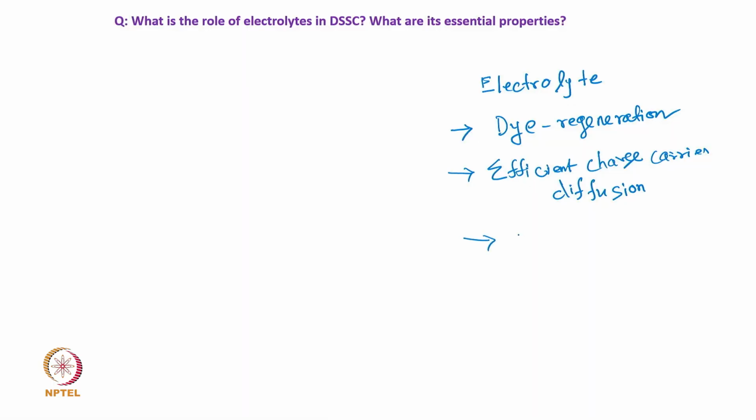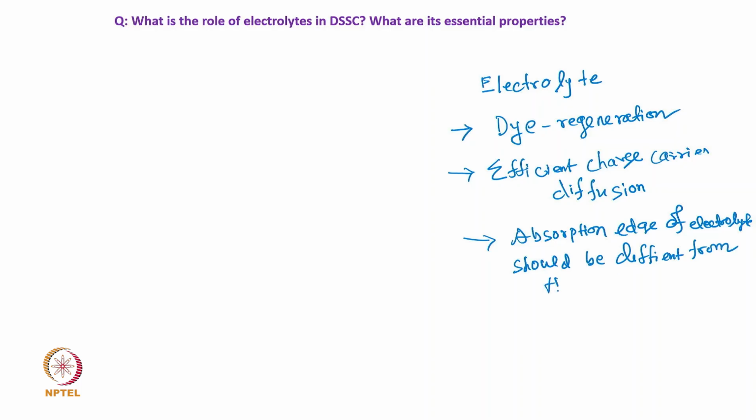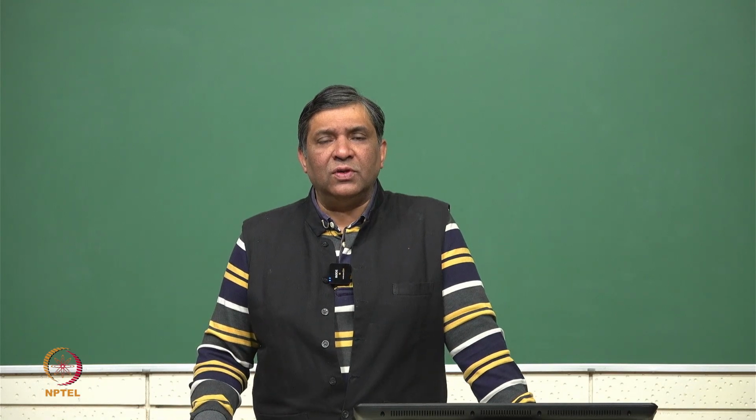So, the absorption edge of the electrolyte should be different from that of the dye. So, there are three major important properties of an electrolyte used in a dye sensitized solar cell or in a quantum dot sensitized solar cell.